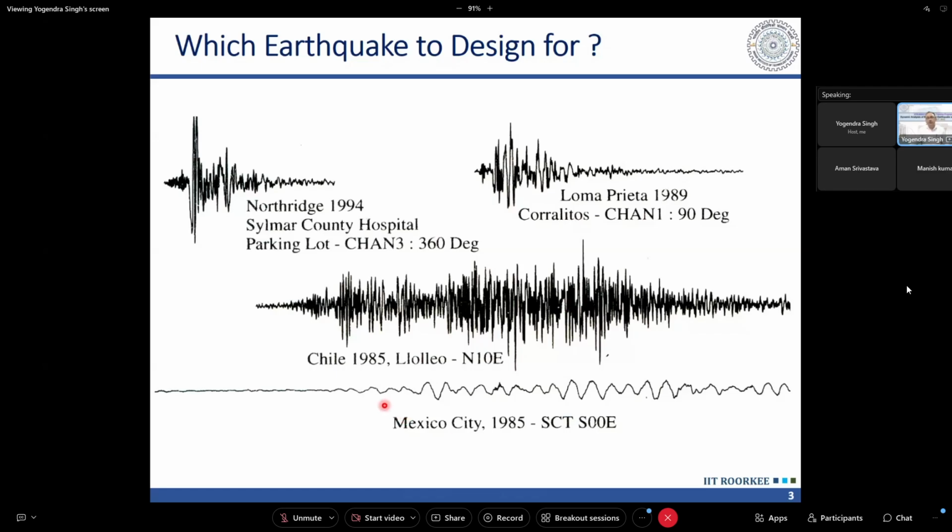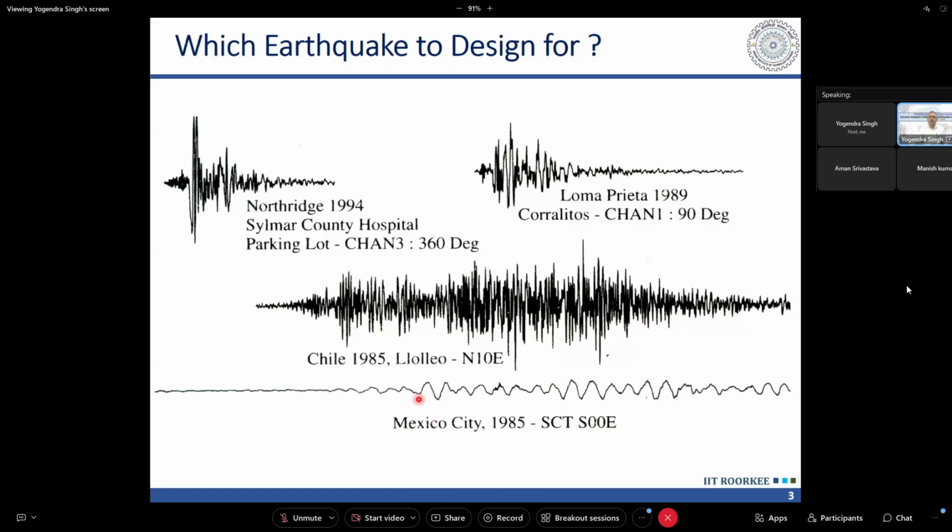But if you look at this Mexico City earthquake, this is very peculiar. I will talk about this earthquake again later. But what you see here, the amplitude is very small as compared to these earthquakes, because it is plotted on the same scale. You can see that the amplitude is just a small fraction of these. But still, this earthquake caused a lot of devastation in Mexico City in 1985.